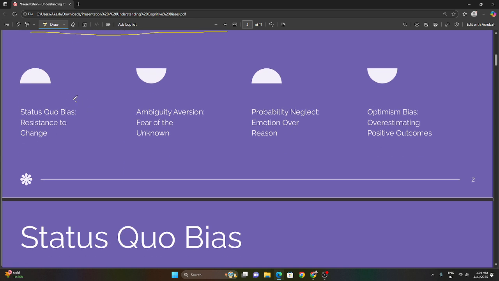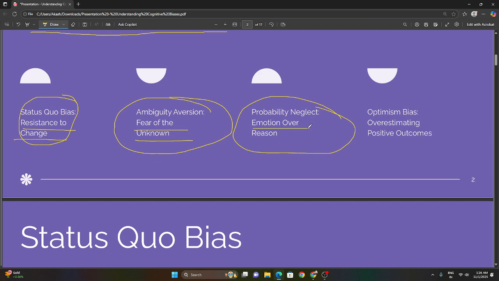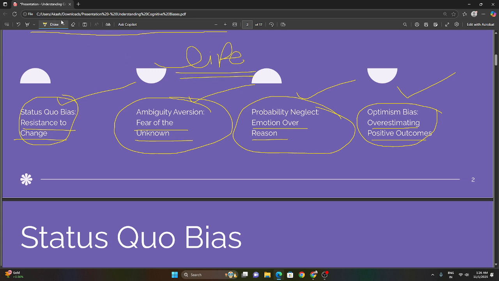We are going to talk about status quo bias, resistance to change; ambiguity aversion, fear of the unknown; probability neglect, emotion over reason; optimism bias, overestimating positive outcomes. We usually do these four biases often in our life. It is something related to our life.